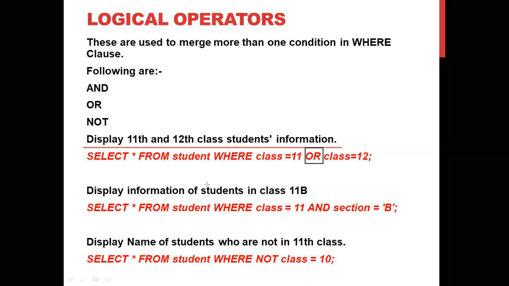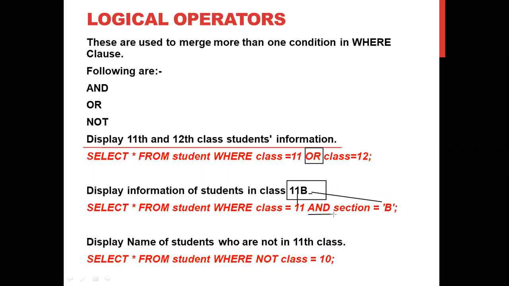Next is to display the student information who is in class 11 B. It means the class is 11 and the section is B. Then it is compulsory. We have to display the students who are in class 11th B. Then we are using and. And means both conditions must be fulfilled. If the option is either this one or this one, either in class 11th or 12th, then we are using or.